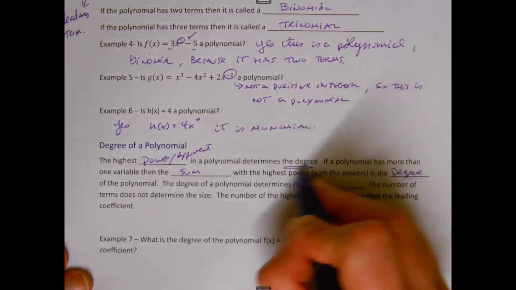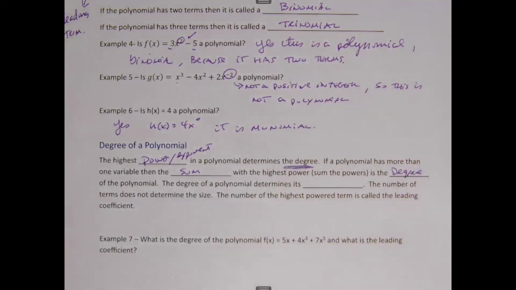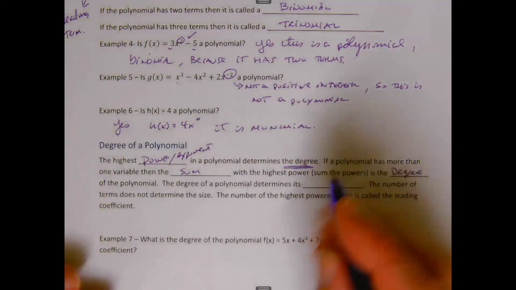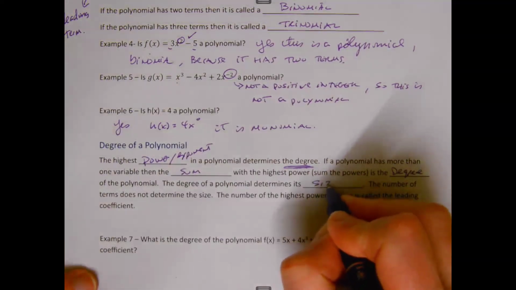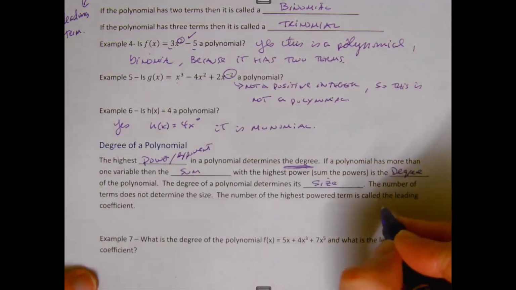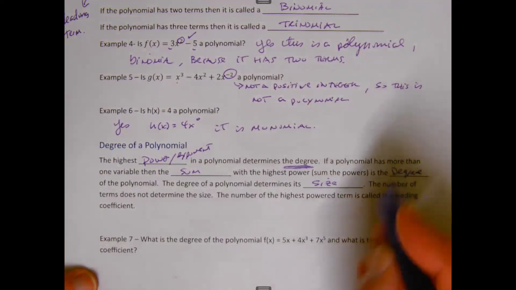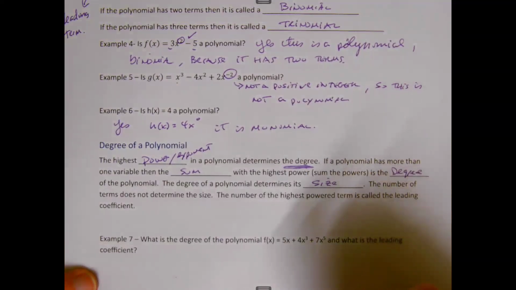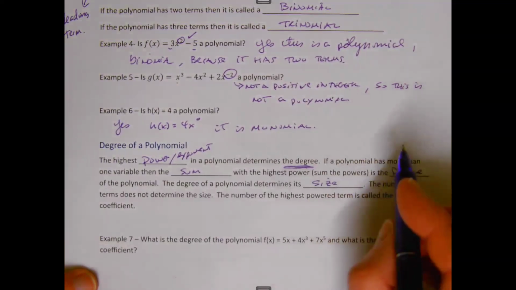Okay, so the highest power determines the degree of the polynomial. And what does that do? So the degree of a polynomial determines its size. The number of terms does not determine the size. The coefficient of the highest power term is called the leading coefficient.